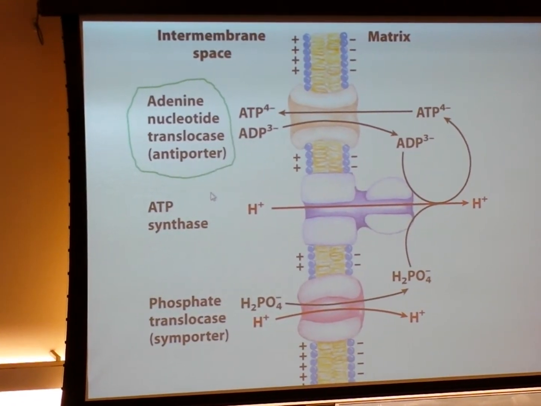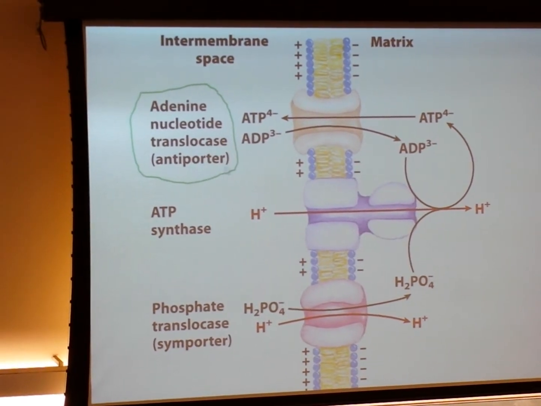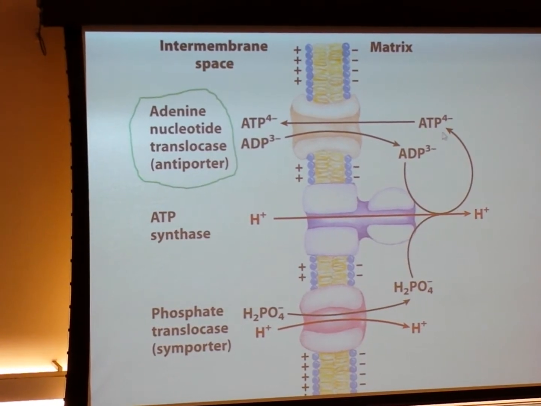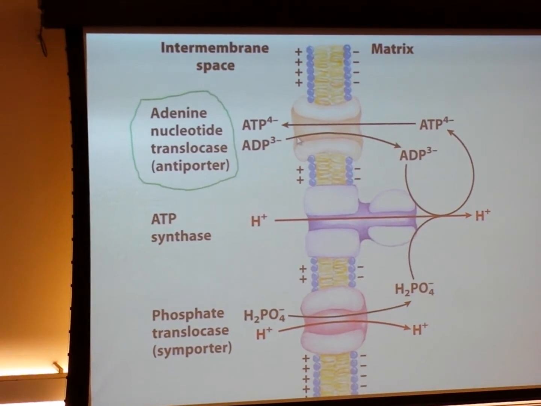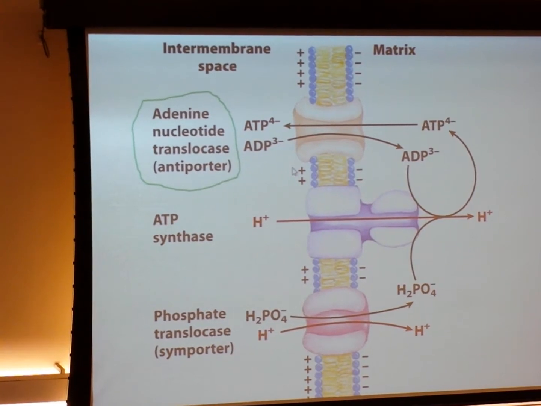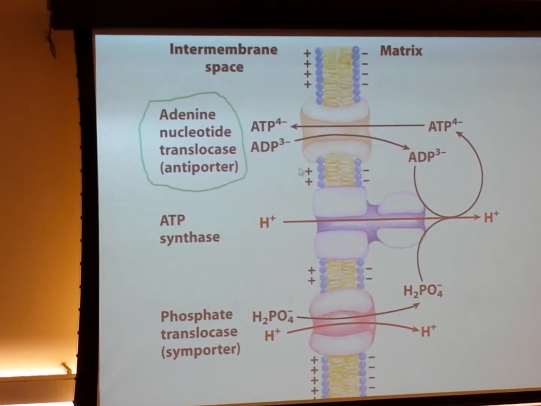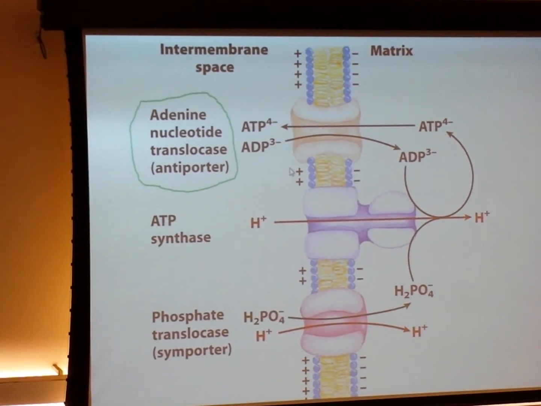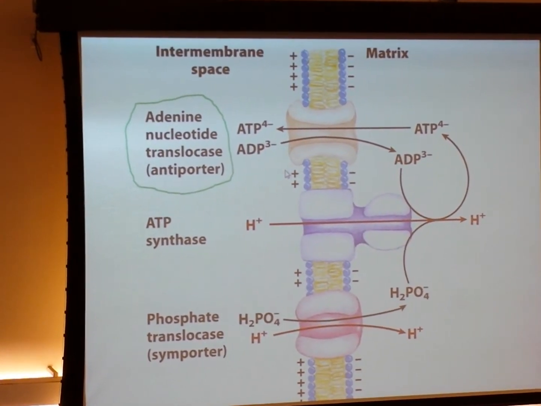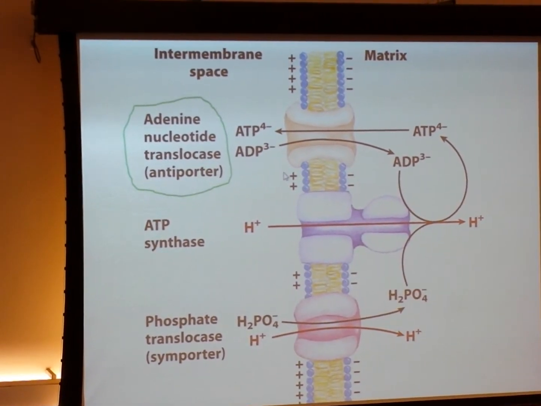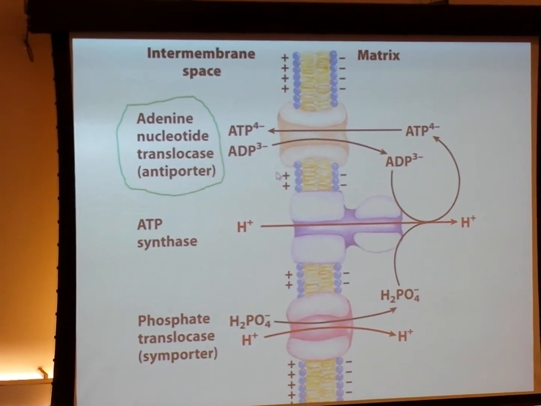So what you see here is something with a -3 charge is coming in, but something with a -4 charge is coming out. So this transport is being driven by the positive charges out here. In other words, the -4 wants to come out. So the energy of the proton gradient is running this transport. Cool? Getting the ATP out. Remember, it's in a small pool size. It's got to get out to be used.